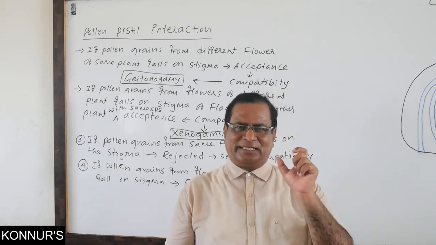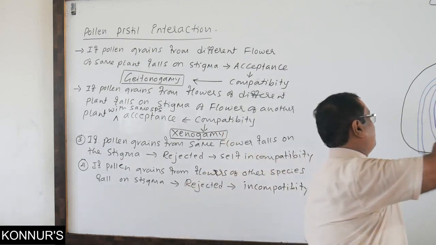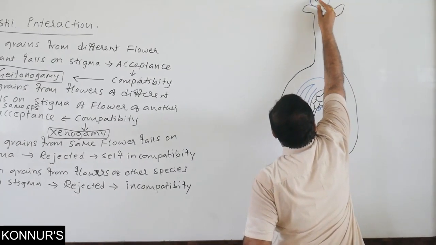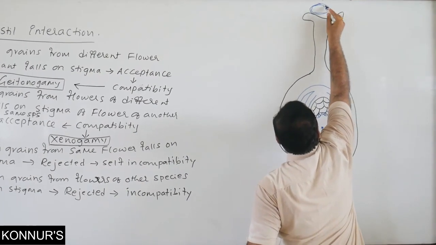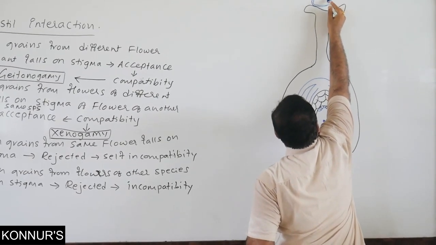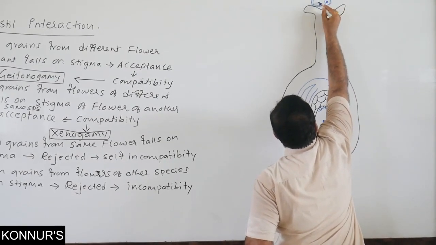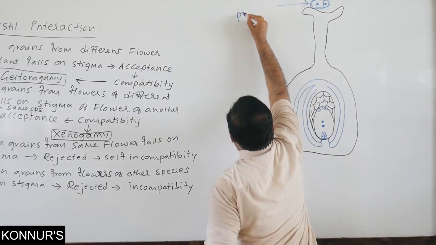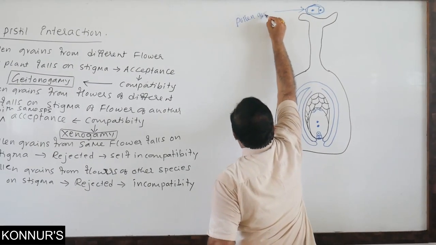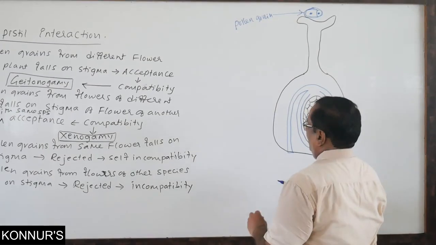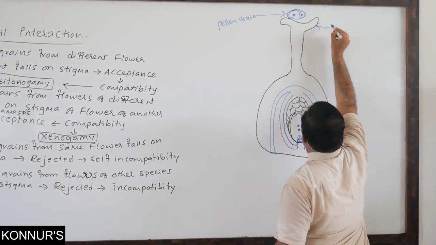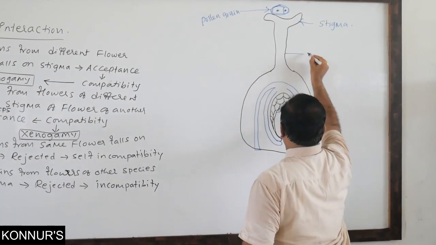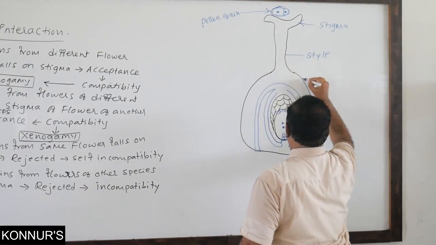When that pollen grain is accepted, the pollen grain falls on the stigma. This is the pollen grain, it has fallen on the stigma, and this is the style and this is the ovary.